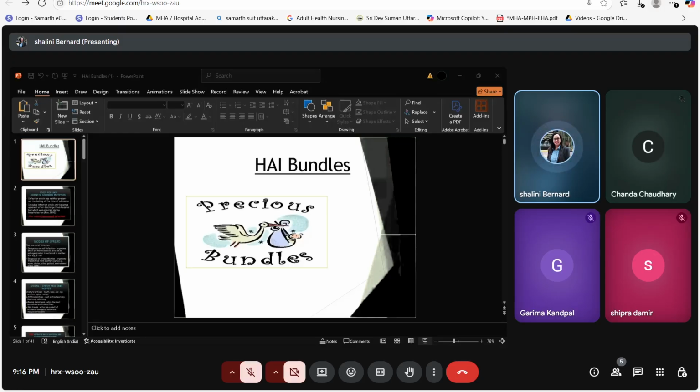So what bundles can we use to prevent VAP and improve patient outcome? First is elevation of the head. The head elevation should be 30 to 45 degrees. What is the rationale? Why do we have to raise the head? I cannot ask questions because I cannot hear anyone.